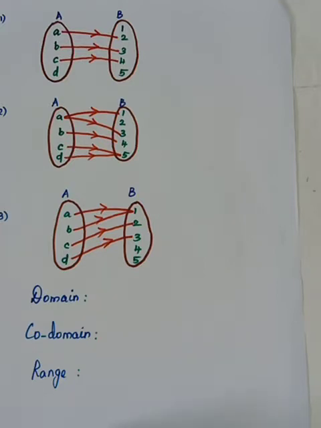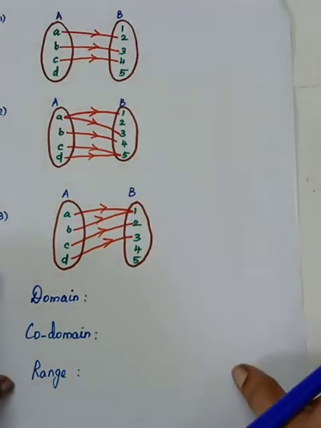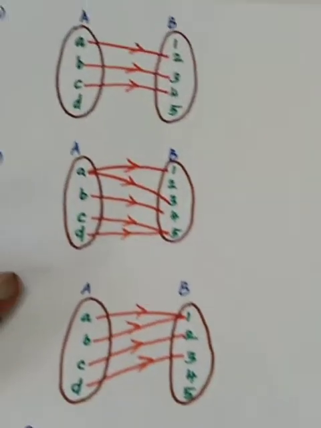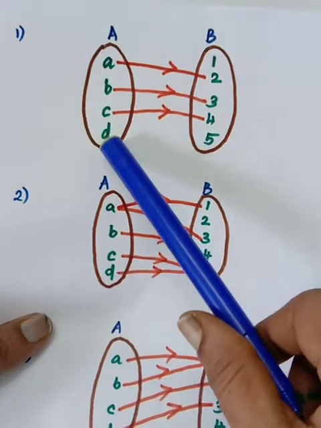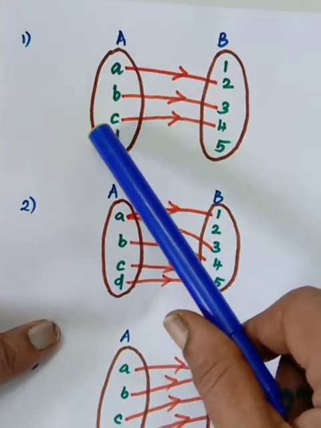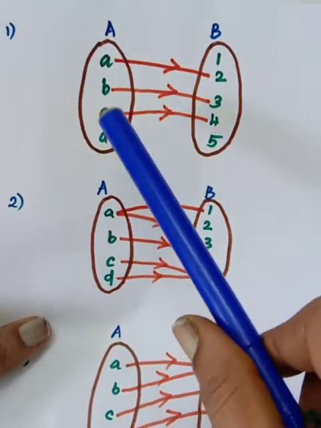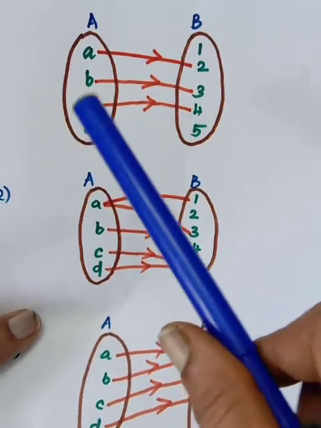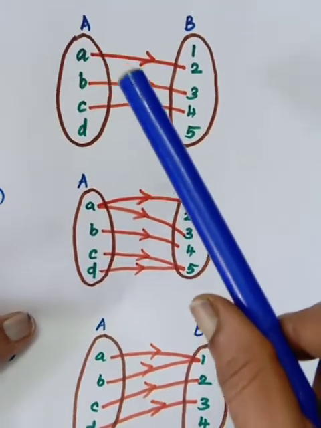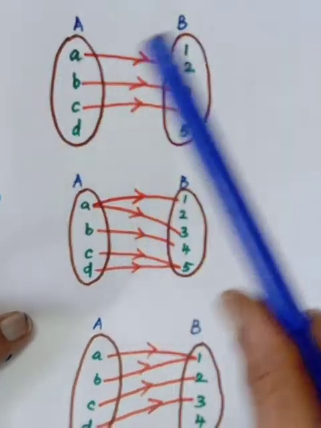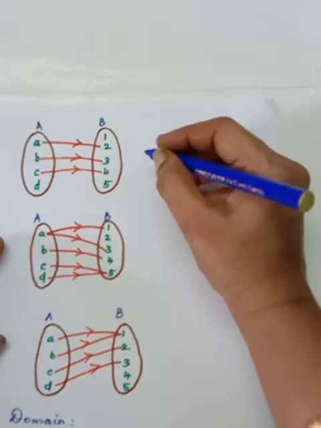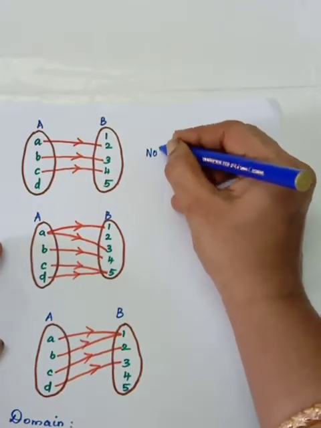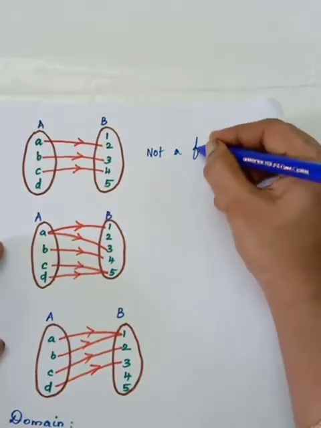Every element in the domain has to be mapped. Here D is left out without having any image, so this relation is not a function.